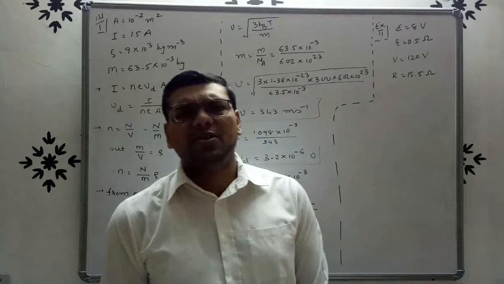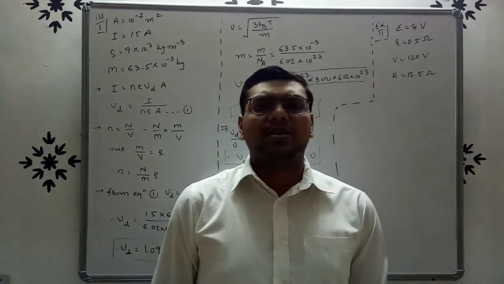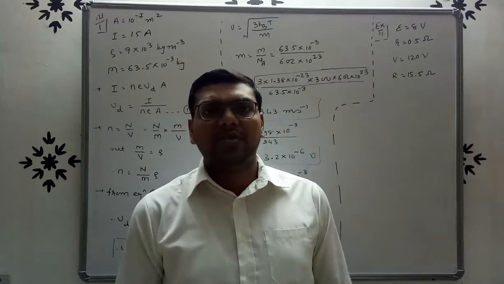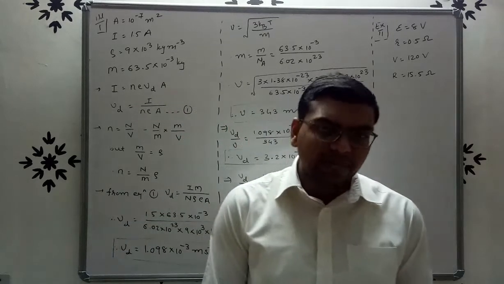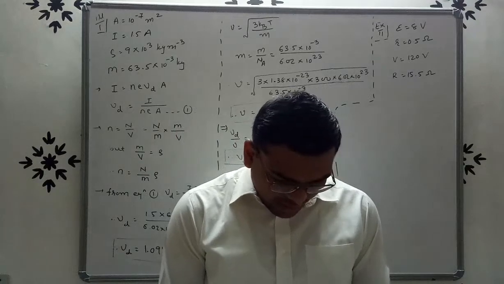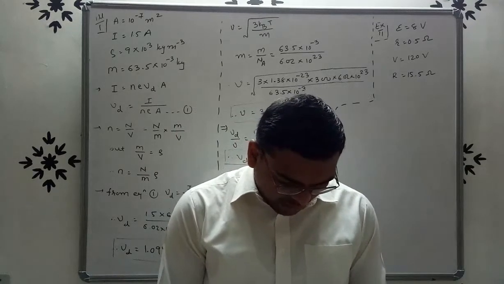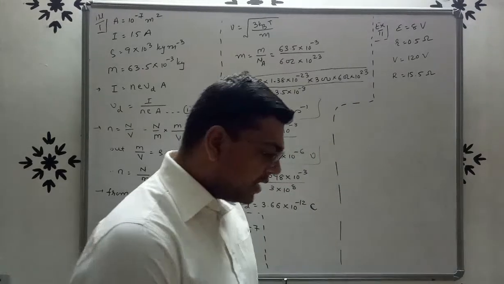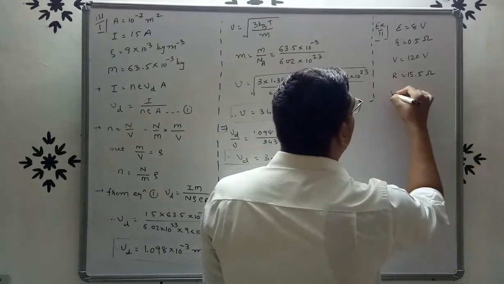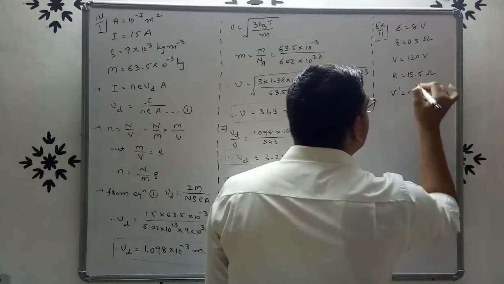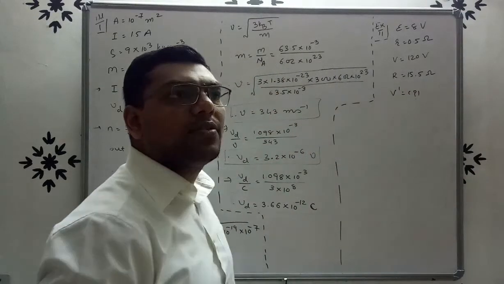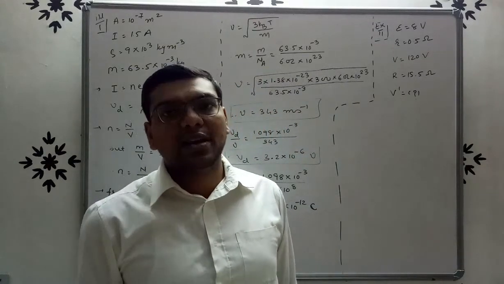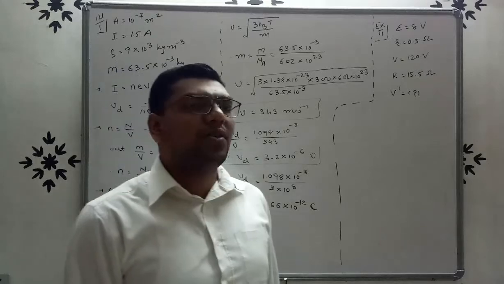So friends, we already know that we use a resistor to limit the charging current, right? We already discussed this concept. Now here we have to find out the terminal voltage of a battery during charging. So here we have to find out the terminal voltage, that is V dash, and we know that for charging the equation will be terminal voltage is equal to E plus IR, but here we don't know the value of current.